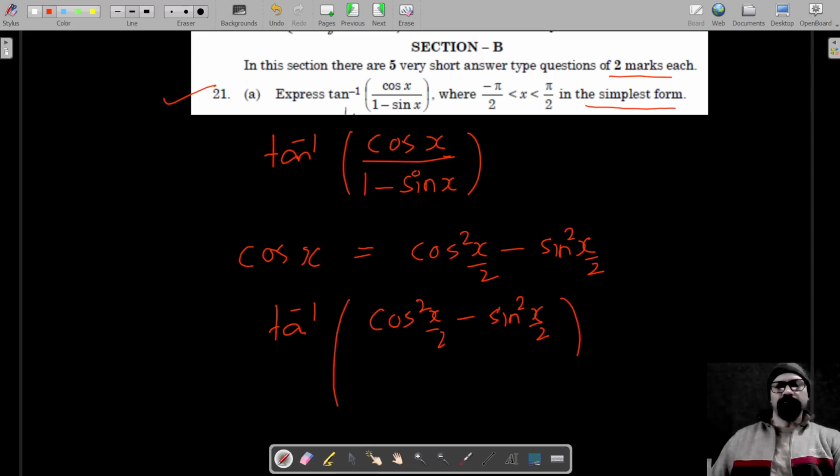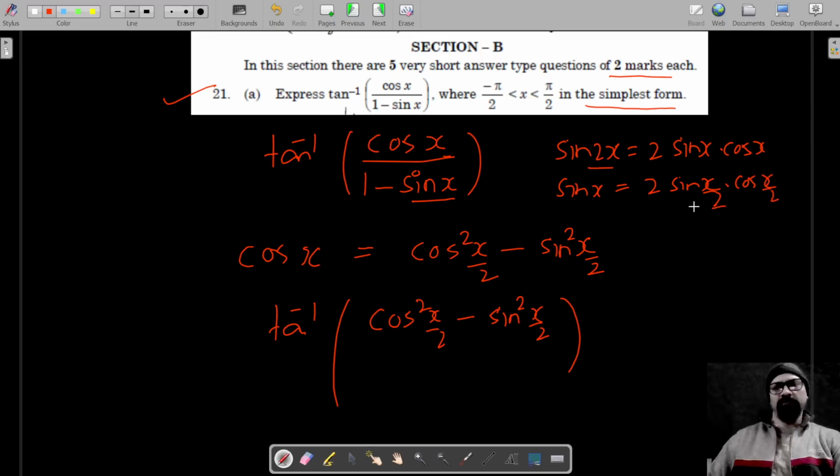And for sine x, we know that sine 2x is 2 sine x into cos x, and half of this angle gives me 2 sine x by 2 into cos x by 2.